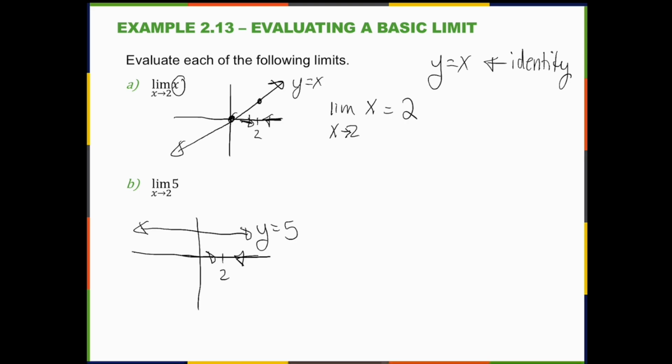As I approach 2 from either direction for my x value, my y value is going to be 5, because every value of y on that line is 5. So the limit as x approaches 2 of the constant function 5 is equal to 5.